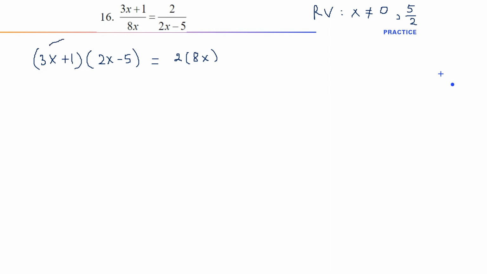Now we distribute: 6x squared minus 15x plus 2x minus 5, that equals 16x. So 6x squared minus 29x minus 5 equals 0.